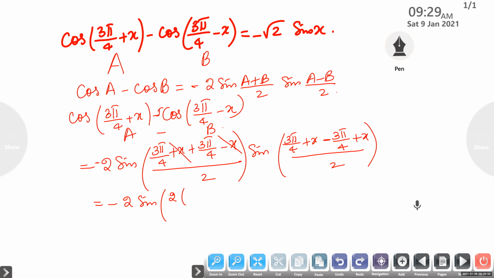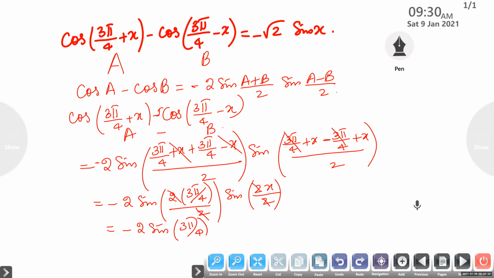How many times will you get 3 pi by 4? It is 2 times, 3 pi by 4 by 2, into sin. Again here plus 3 pi by 4 minus 3 pi by 4 will get cancelled. X plus x you will get 2x by 2. Now again the 2 will get cancelled, here also the 2 will get cancelled, which is minus 2 sin 3 pi by 4 into sin x.